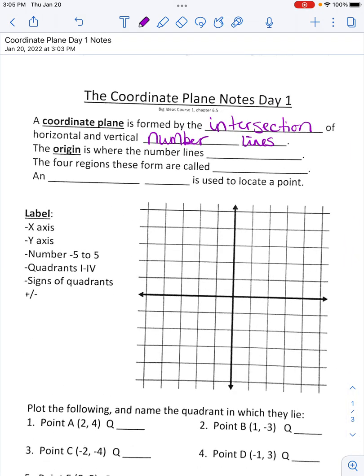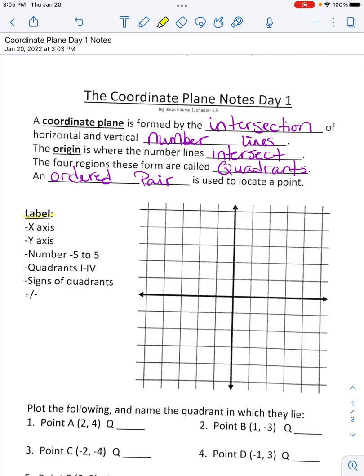The origin is where the number lines intersect or cross. The four regions these form are called quadrants. Remember that quad means four. And then also an ordered pair is used to locate a point.